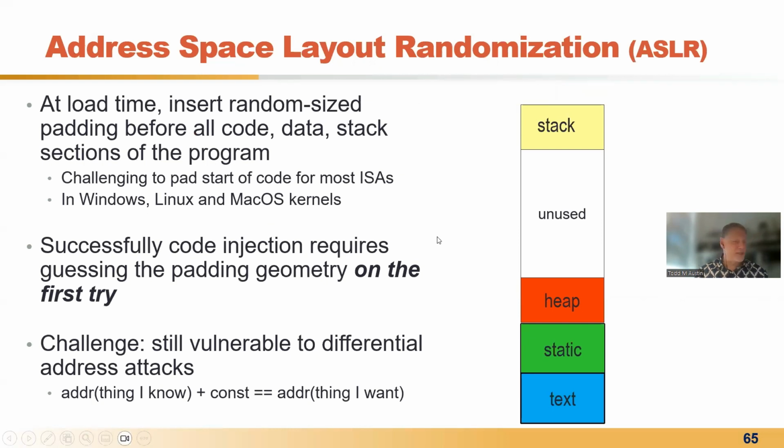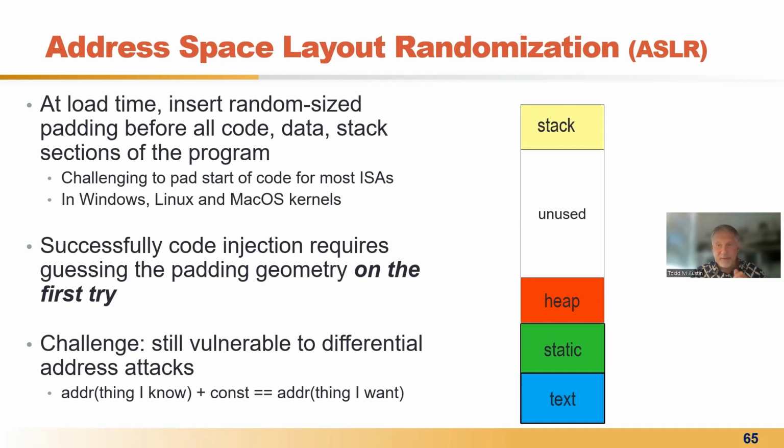Another great defense, which is pervasive, it's everywhere. It's in your servers, it's on your phone, it's probably in many of your IoT devices as well if they do any code loading, is address space layout randomization, called ASLR. The goal here is to basically randomize where information in a program is loaded into memory every time you load the program into memory.